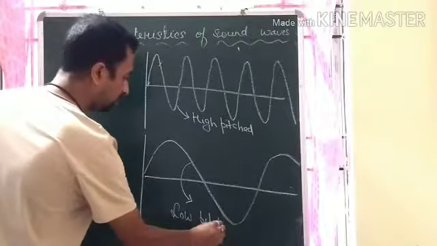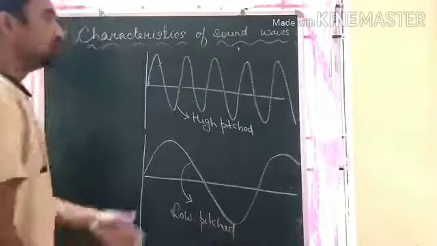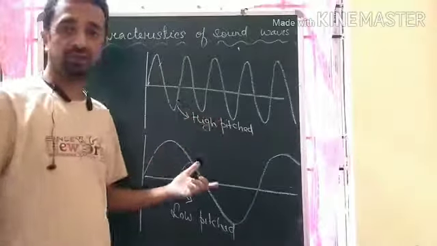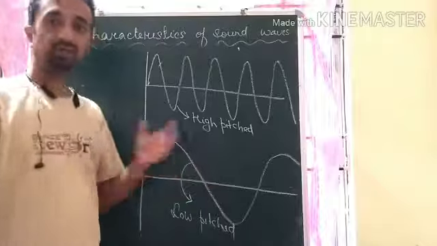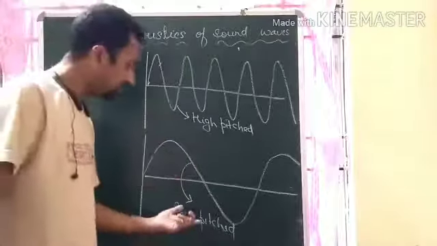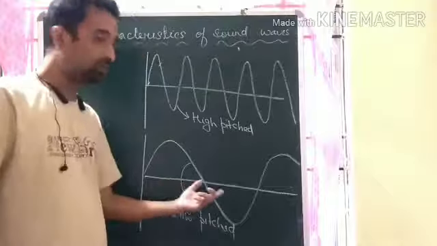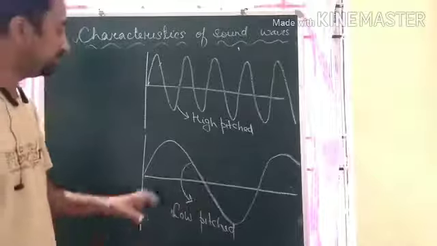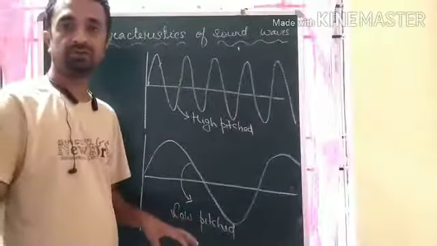I hope you understood the wave shape. Which has more oscillation, which has more frequency, will have a greater pitch. That means the sound will be more sharp. And which has less number of oscillations, that means low frequency, has less pitch. That means the sound is less sharp.